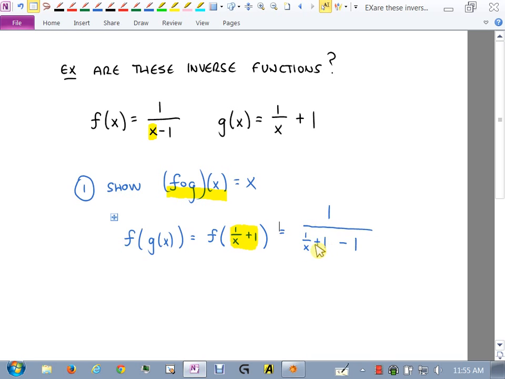So here's the x got replaced, right? Okay, let's try and clean this up. What can we do in the denominator? We can cancel those 1's out, which means you just have 1 over x, but what's 1 over x? So flip the bottom up, and you just get x over 1, don't you? Which is just x, which is what I wanted to show, right? I wanted to show that was true.